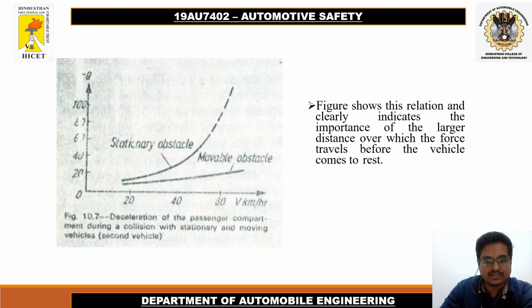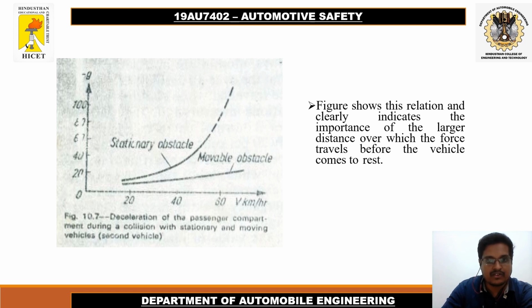So in the graph you can see the x-axis is the speed or velocity at which a vehicle is moving. The y-axis is the amount of g-force generated. Yes, when the vehicle speed increases, the amount of g-force generated is also high.